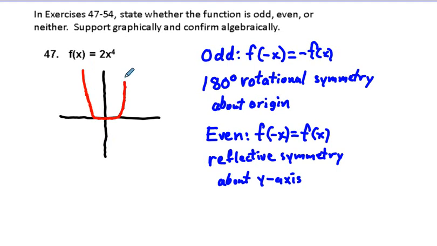Graphically, we should see that the graph appears to be a mirror image about the y-axis. And so graphically this looks like an even function. But let's go ahead and put this in our calculator to see what it looks like.